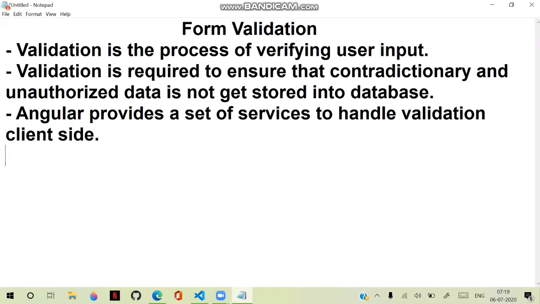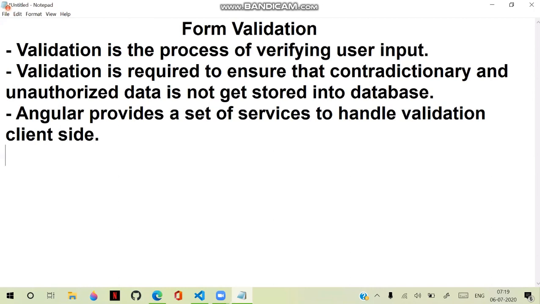Angular provides a set of ready-made services. By using these services, you can handle validation client side. So it's very easy to handle validation by using services. So technically, validation services.